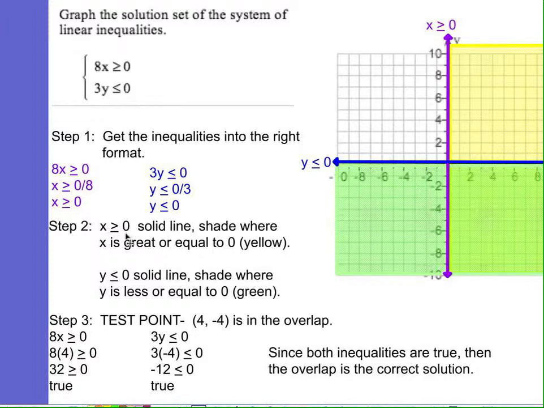X is greater than or equal to 0. Well, we go to where x is 0 and we draw a vertical line, which we have done in purple. For y is less than or equal to 0, again, we go to where y is 0 and we draw a horizontal line.